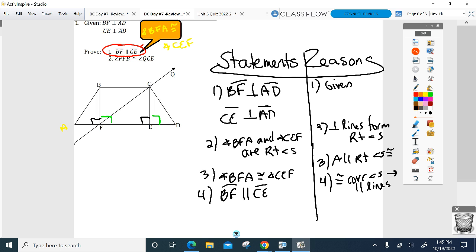How do I get angle PFB congruent to QCE now? Look at them. Trace them if you have to. Here you go. PFB is that angle right there, along with QCE.